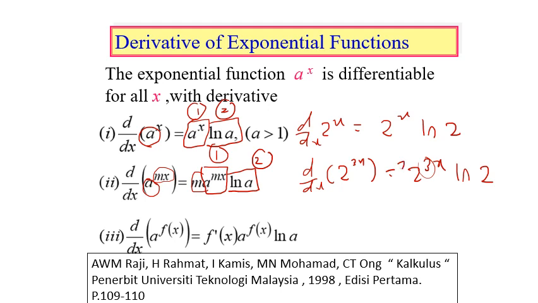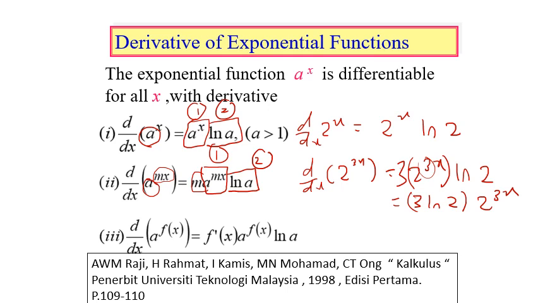That is 3. Maybe later we can rearrange, so we put 3 ln 2, a bracket, and then 2 power of 3x. I think it's better to write it like this.